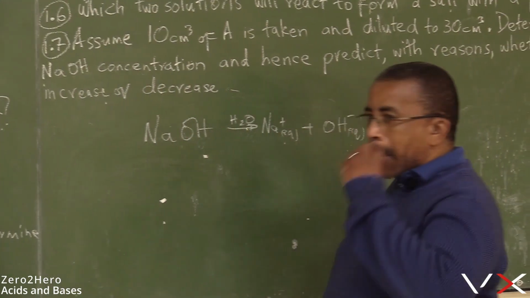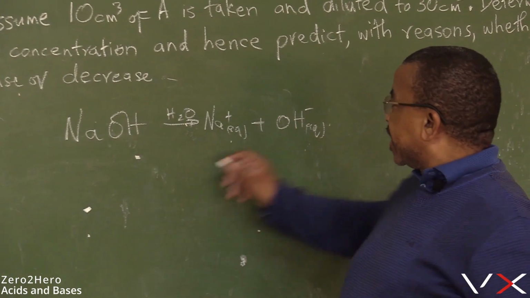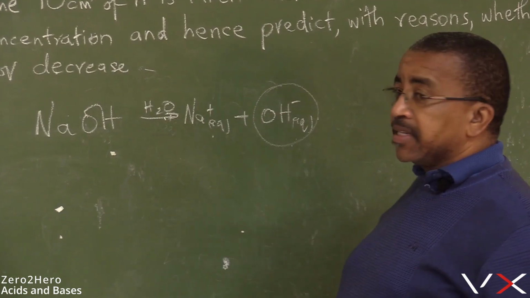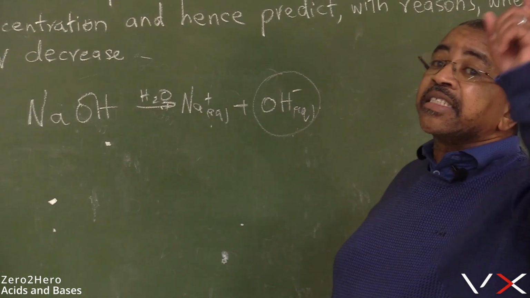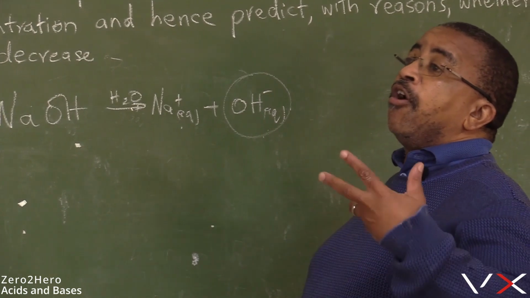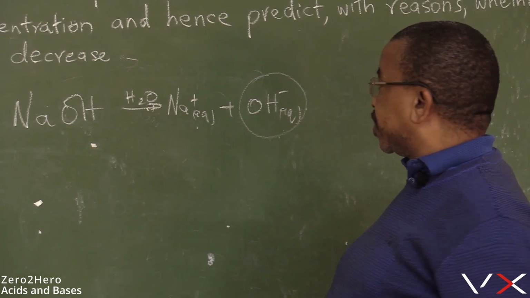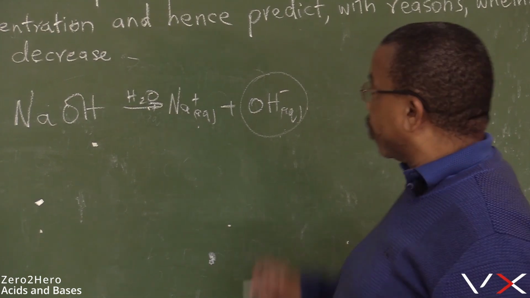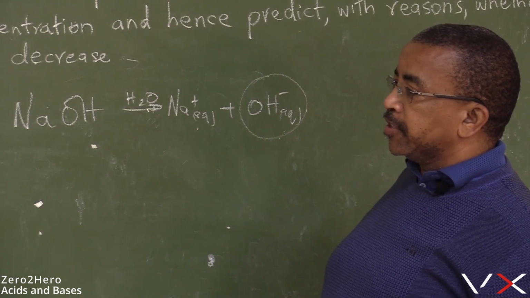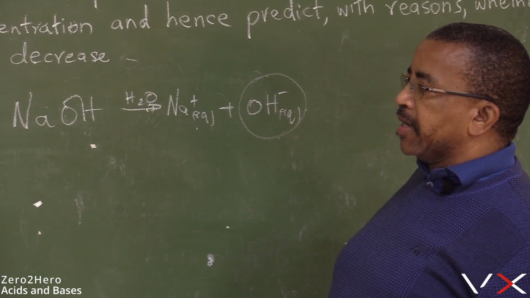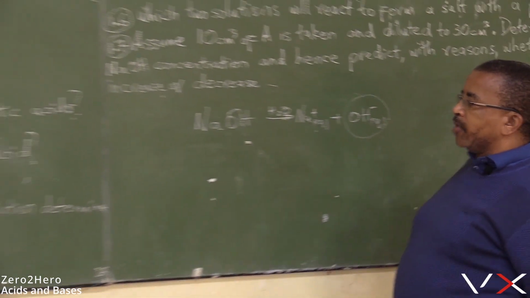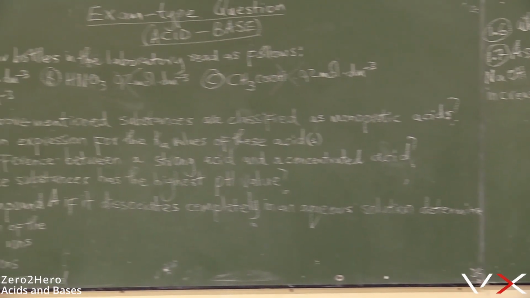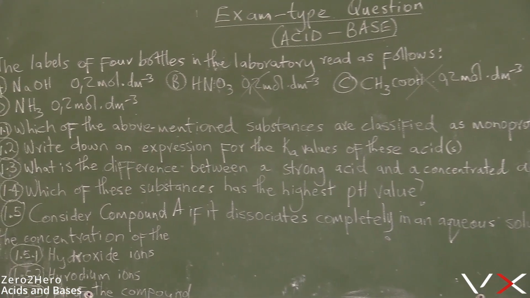So we are seeing that this one forms OH minus. This increases the pH. As we have more OH minus in the solution, the pH is high. So this number 1.4, the one with the highest pH value, obviously is sodium hydroxide.